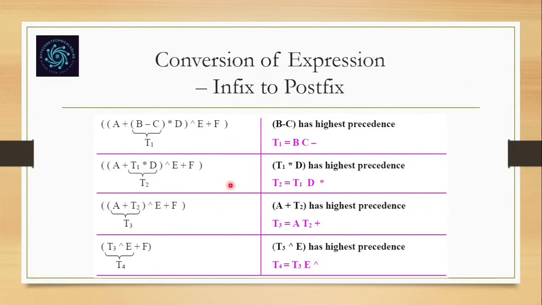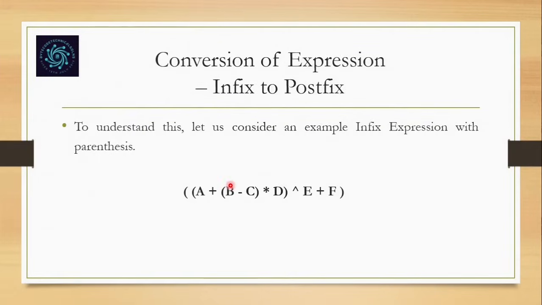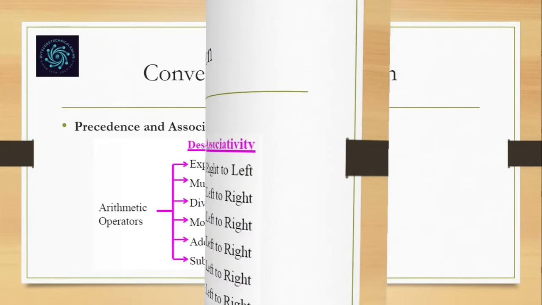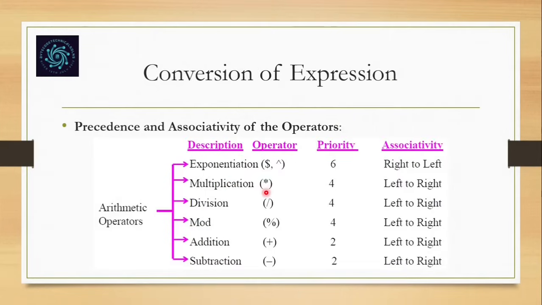Among these two operators, which one has the highest priority? You can check by going back to the previous slide for the table. Multiplication has higher priority than the plus symbol. Multiplication priority is 4, whereas plus symbol priority is 2.